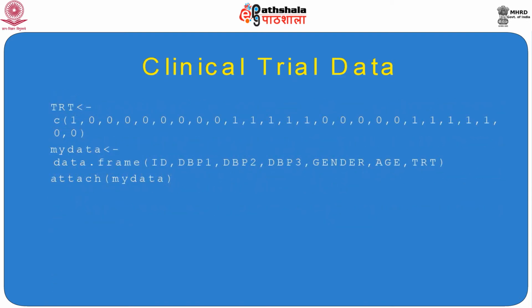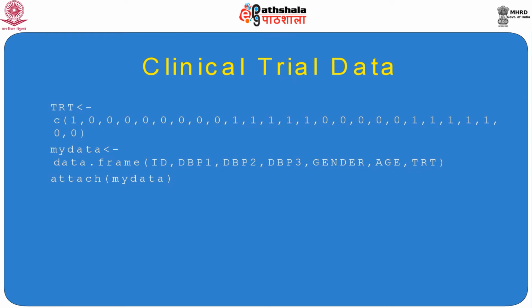Again, treatment is given as TRT. If these 26 patients were treated with an intervention or experimental drug, they were assigned 1, treated. Otherwise, if they were given a placebo or no drug, it is given as 0.